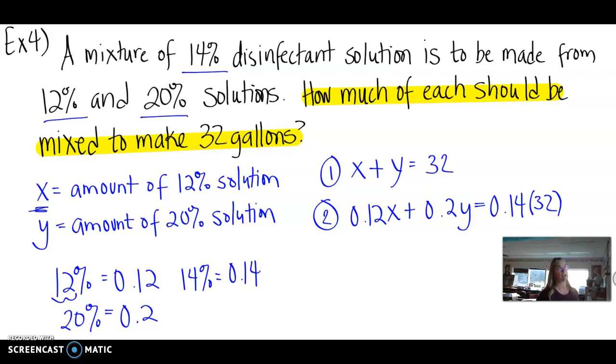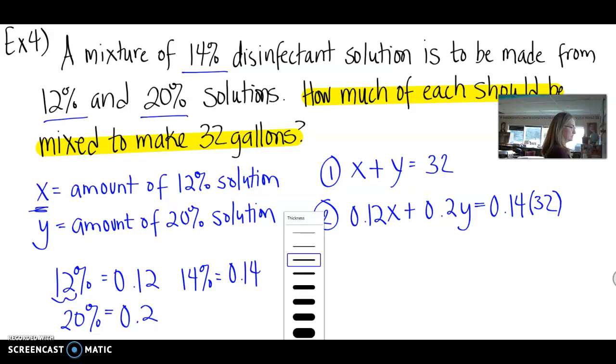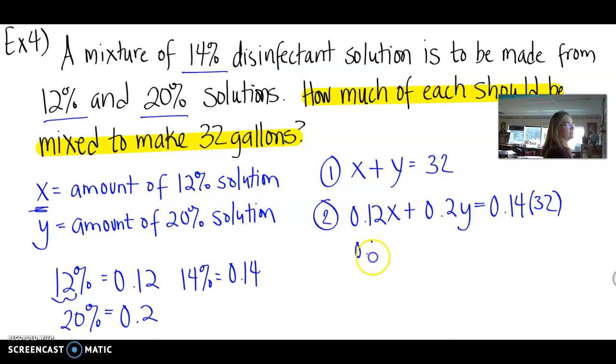And so for this problem, this was 4.48. So I'm going to just write that out. So I have 0.12x plus 0.2y equals 4.48.